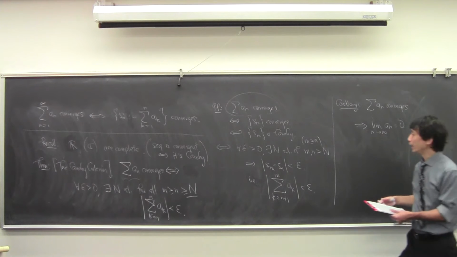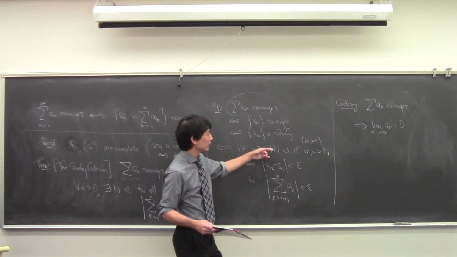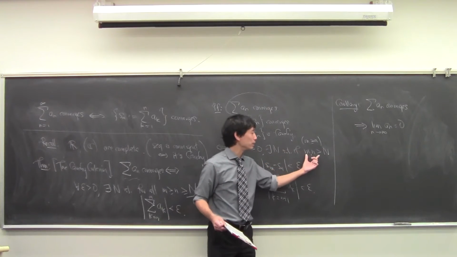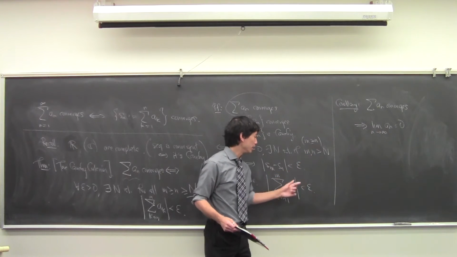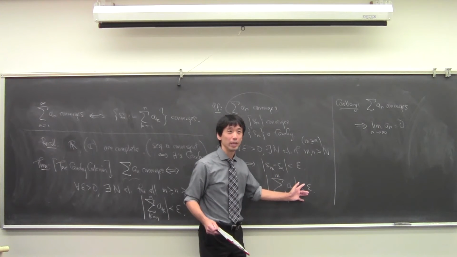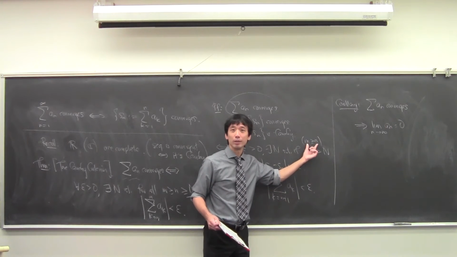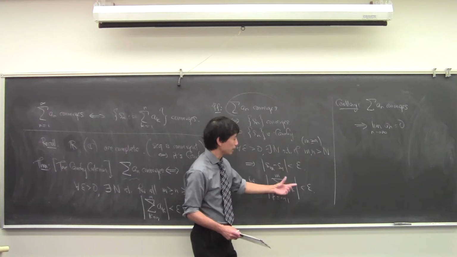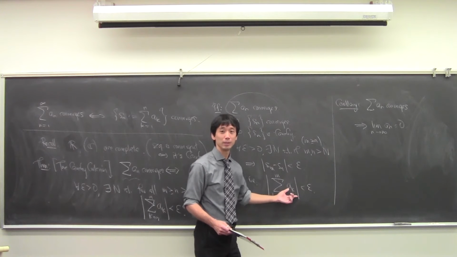Okay. If you look at the Cauchy criterion, it says that given any epsilon, there's a time past which, if you take any m and n bigger than that, then the sum of the tail is smaller than epsilon. Now let them be the same number, and you'll see what that says: the size of the nth term has to be less than epsilon.